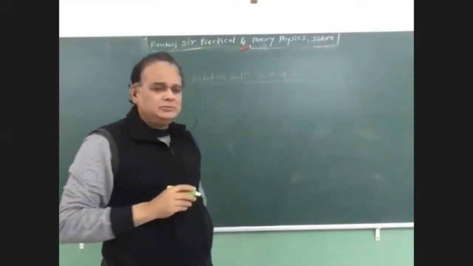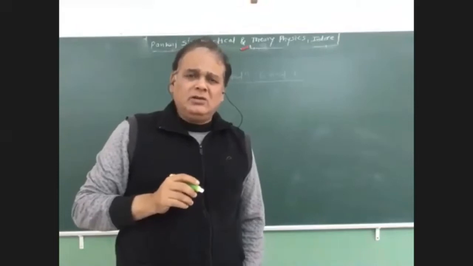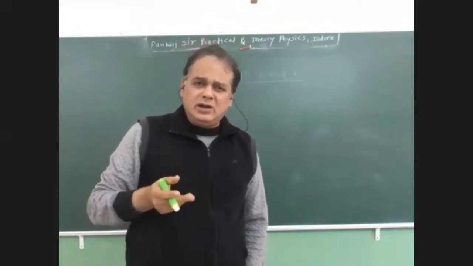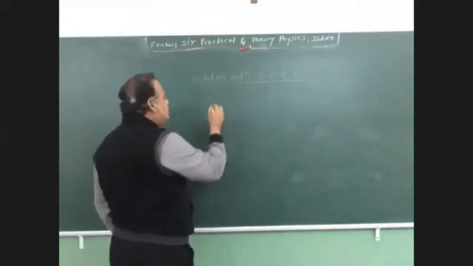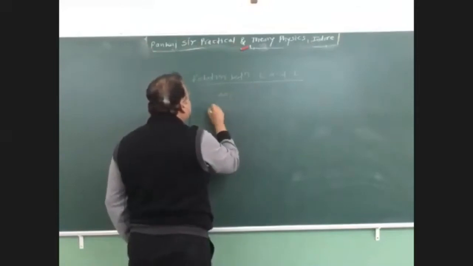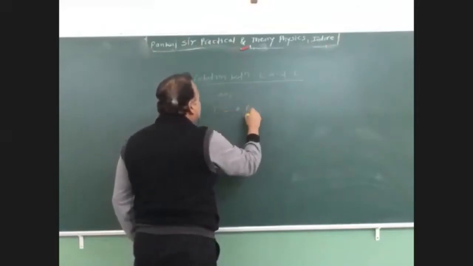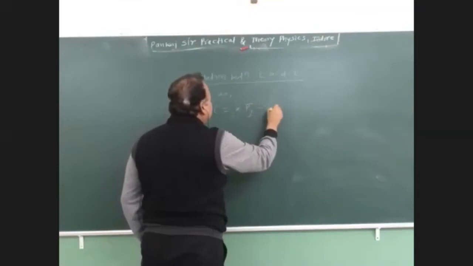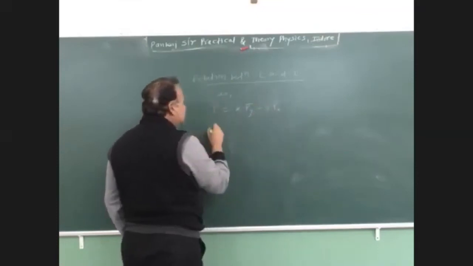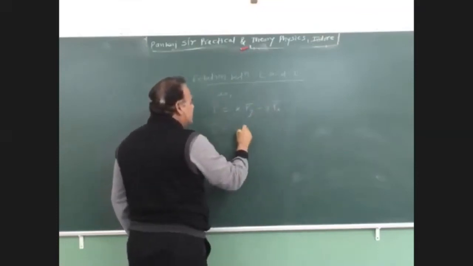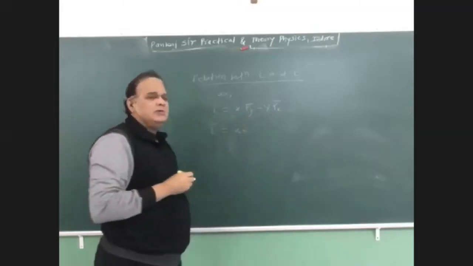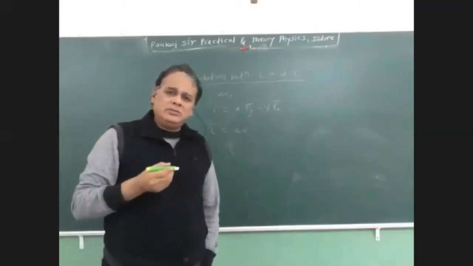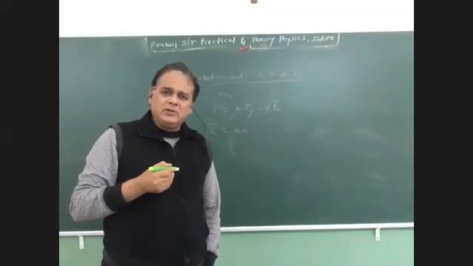We know what is L and what is tau. So L is equal to x py minus y px. Correct?